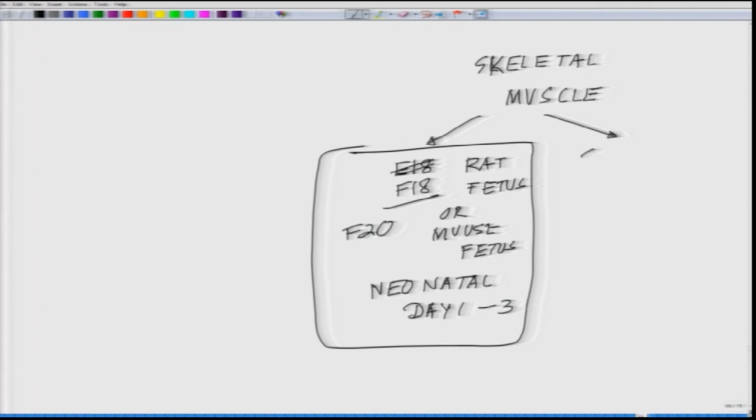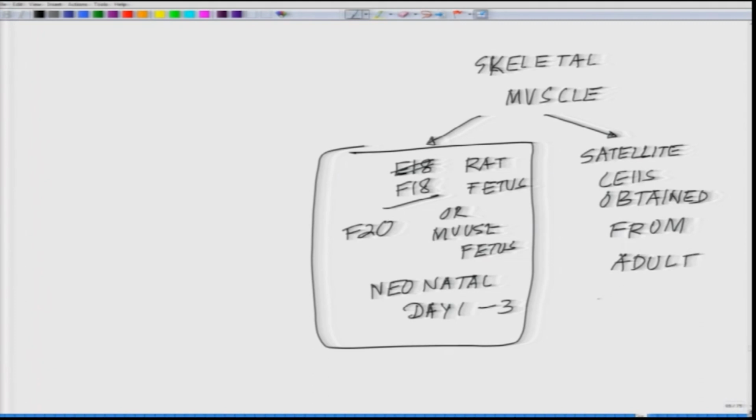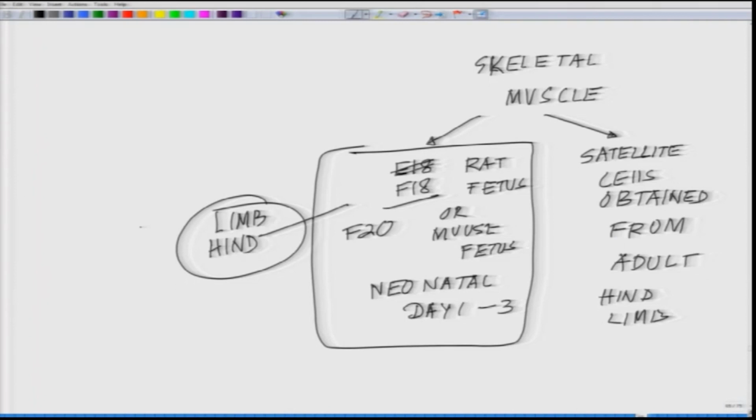Or you do it from satellite cells obtained from the adult hind limb. The reason they do it from the hind limb is that you get a sufficient amount of tissue.